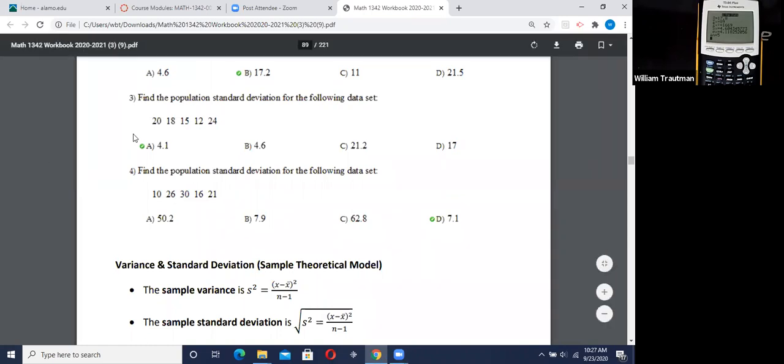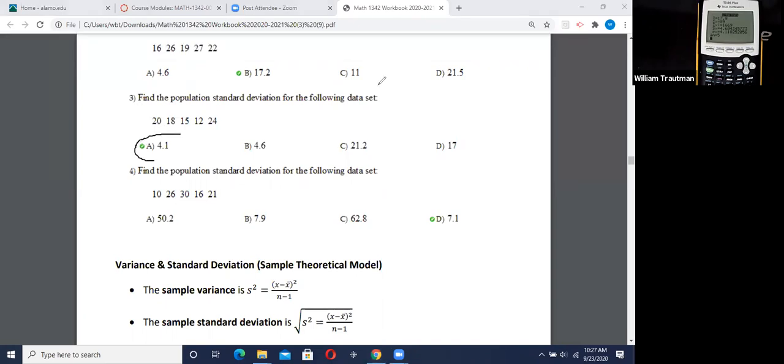If I come back, if you look at number 3, population standard deviation, it's multiple choice, so I got 4.11 on my calculator. They just wanted to take it to 1 decimal place, 4.1. So let's do L2. Now that we have this in L2, they even marked the answer for us here in green. Let's see if we get 7.1 for L2.